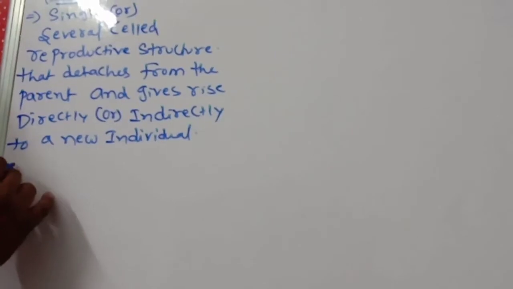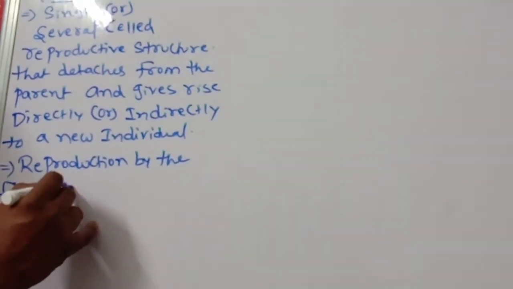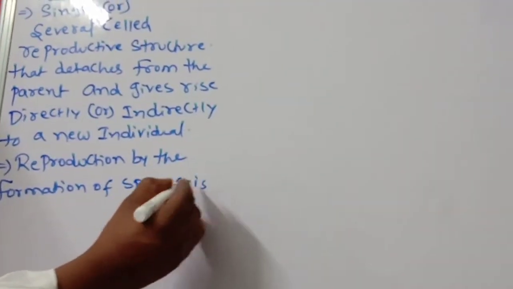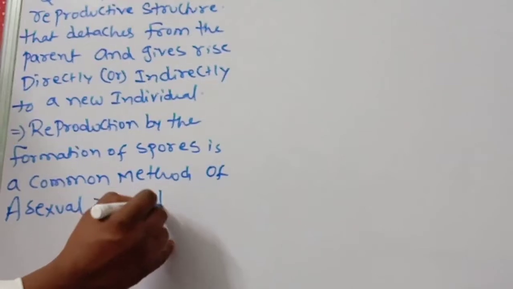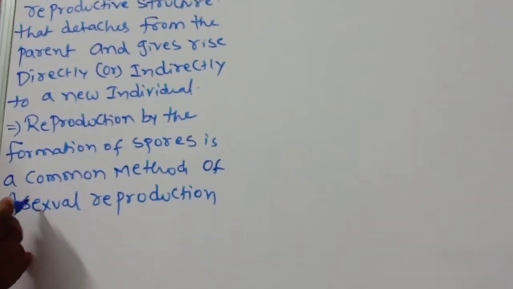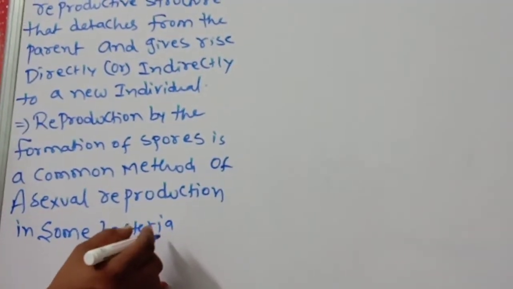Reproduction by the formation of spores is a common method of asexual reproduction in some bacteria and most of the fungi.